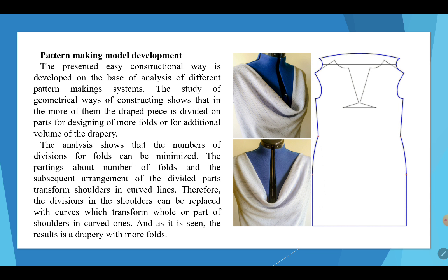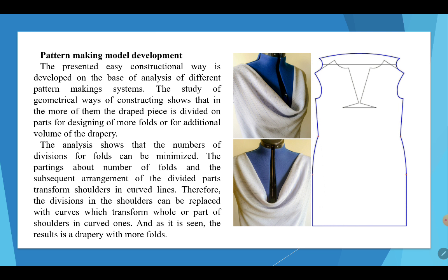The study of geometrical ways of constructing shows that in most of them the draped piece is divided into parts for designing more folds or for additional volume of the drapery. The analysis showed that the number of divisions for folds can be minimized.